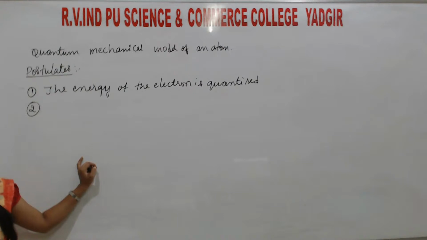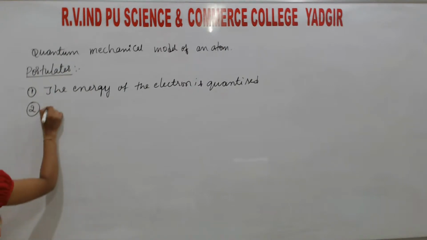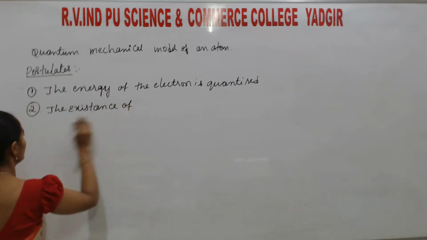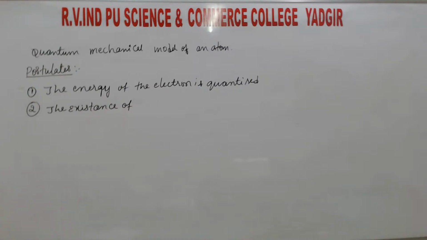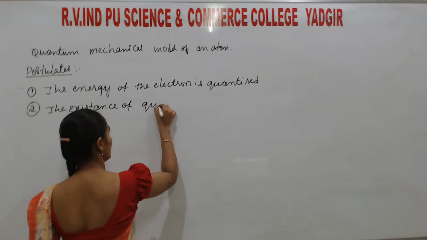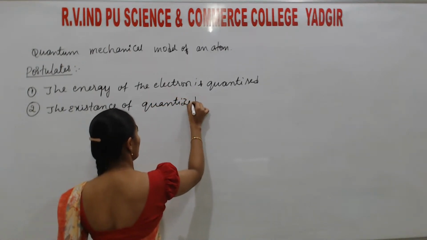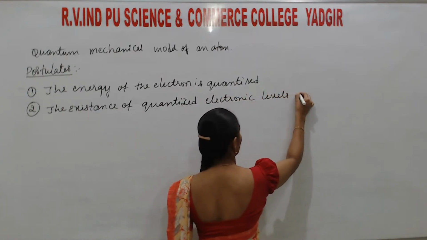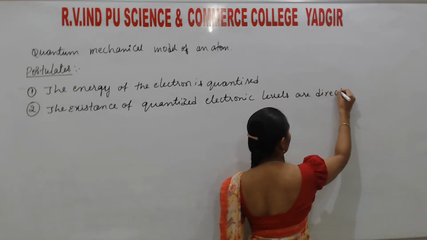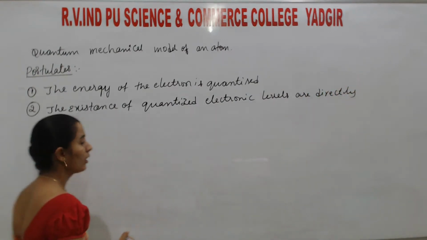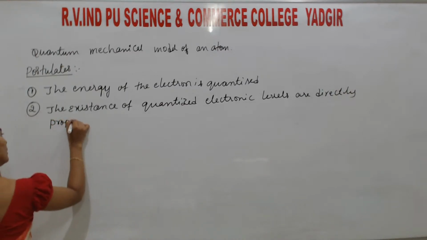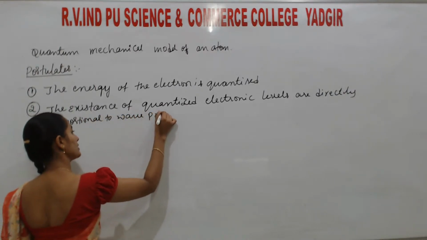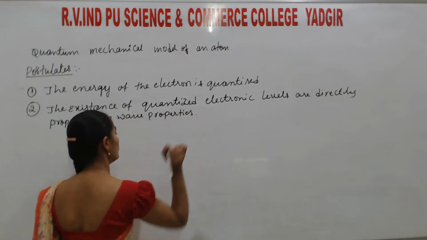Next, the existence of quantized electronic levels is directly proportional to wave properties, the properties of waves.